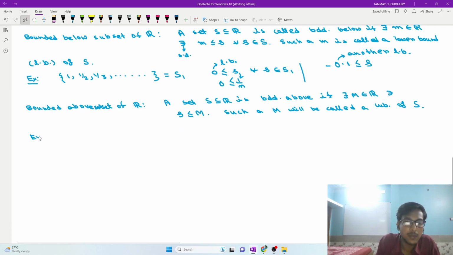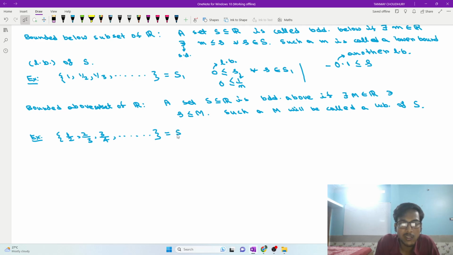So take an example. Say we have 1 by 2, 2 by 3, 3 by 4 and so on. Call this set S2. Now, can you think of an upper bound for this set S2? Probably you have guessed right. The elements of the set are of the form n by n plus 1.